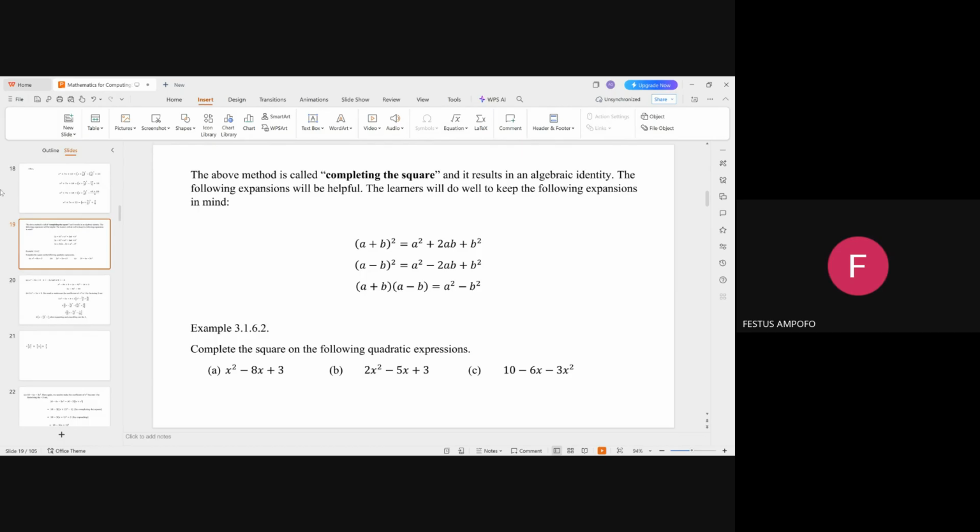In this case, I have taken that of minus 6x and minus 3x squared, and I factor minus 3 out. So please, the first thing is let us rewrite it so that you understand. So whatever is here is equal to minus 3x squared minus 6x plus 10.